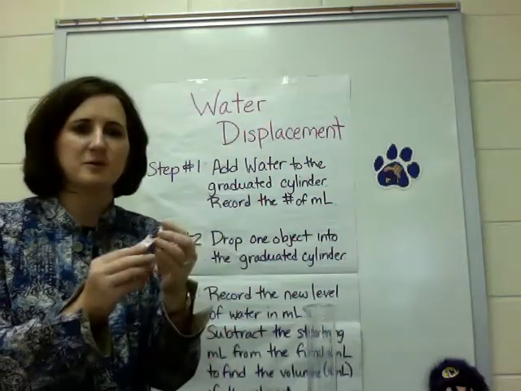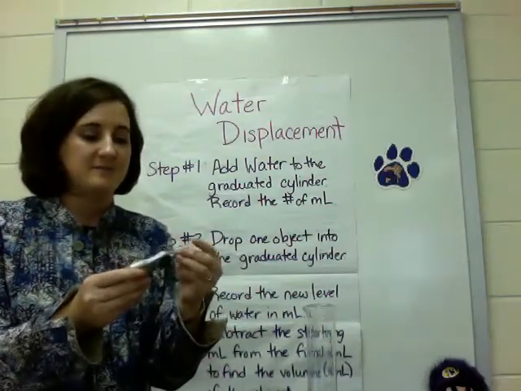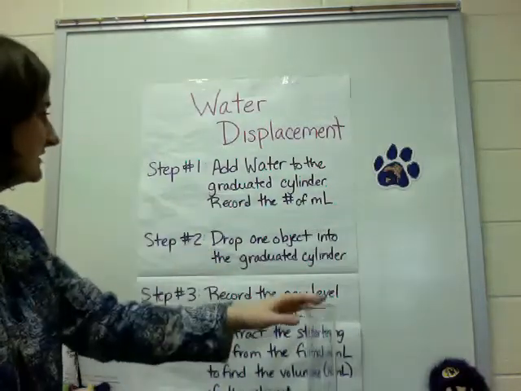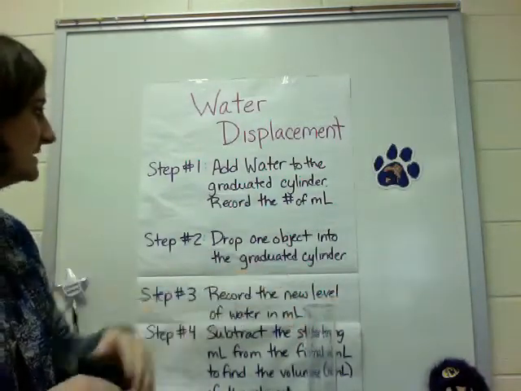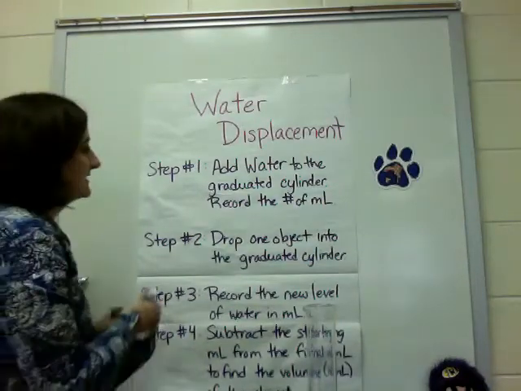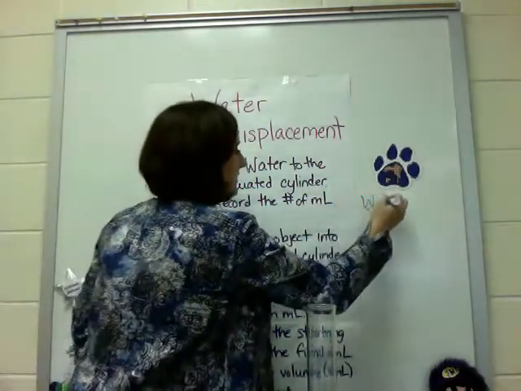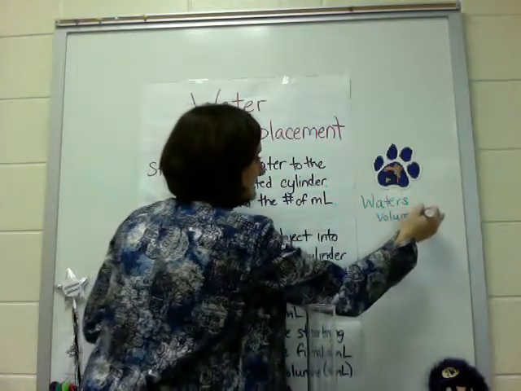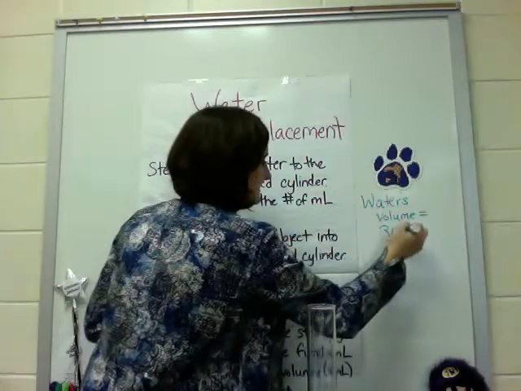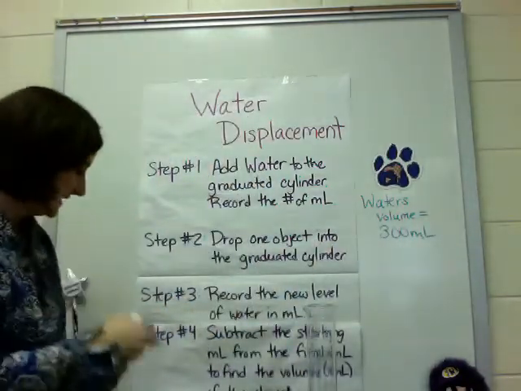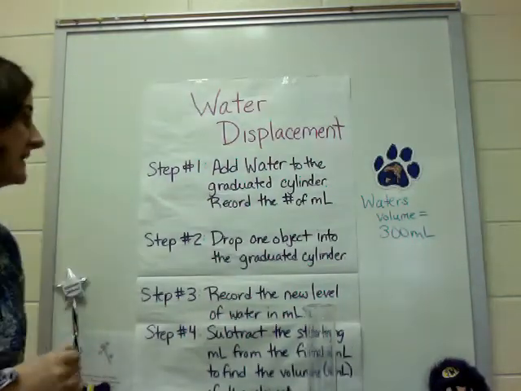We can't use our typical formulas from math class to find the volume of this object. So we're going to add water. Step one, add water to a graduated cylinder. And we've already done that. And we got on eye level and found that the water's volume is equal to 300 milliliters. Now remember that the m should be lowercase and the L should always be capitalized.